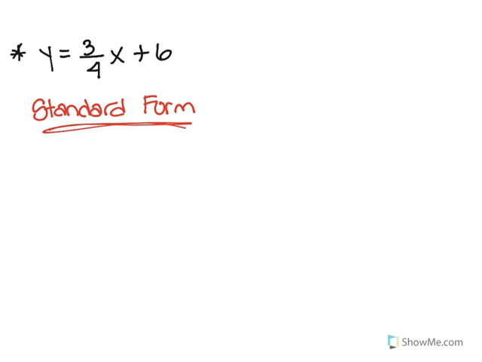So what you do is you first got to get x and y on the same side. That's obviously what standard form is. X and y together versus slope-intercept, where y is by itself. So if I'm putting this in standard form, there are two things you got to make sure you know about standard form. The first thing, and I'm going to write this over here in red: no fractions.